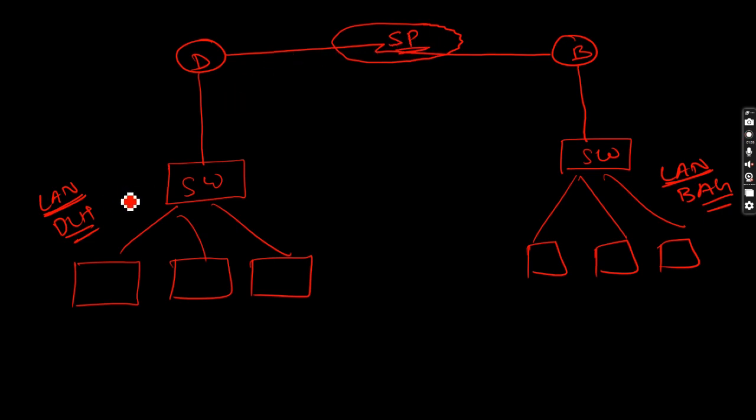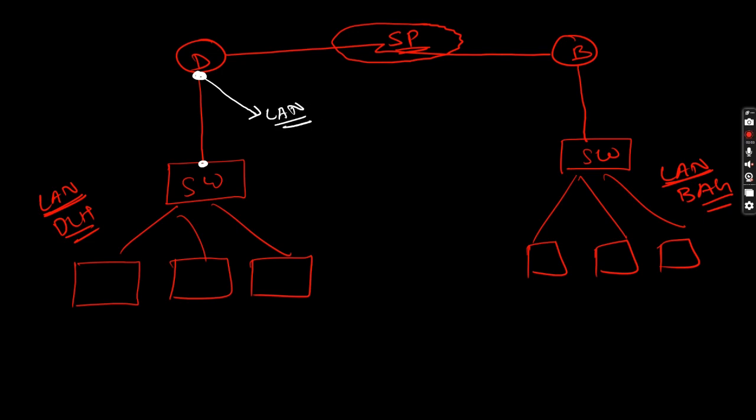Now see, when it comes to the different types of interfaces on the routers, the interface which you are connecting to your actual LAN segment, I mean the switch, is basically known as your LAN interface.